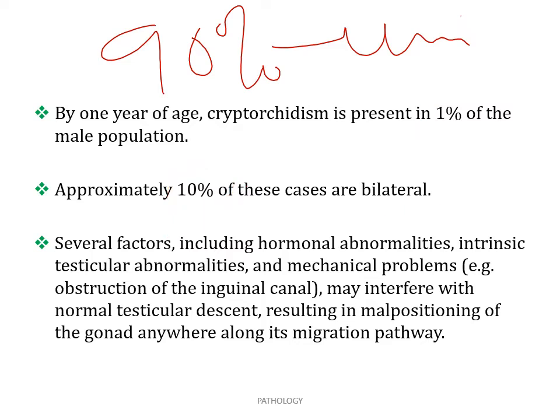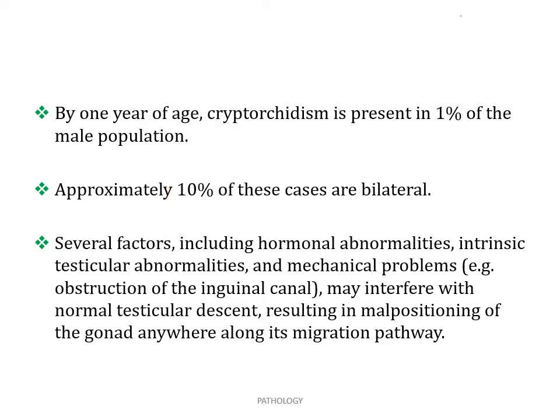That's very important. I would like to highlight several factors, including hormonal abnormality, intrinsic testicular abnormality, and mechanical problems such as obstruction of the inguinal canal. These are the factors which can cause an undescended testis.